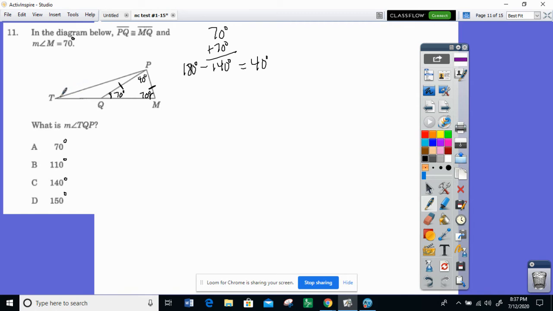So they want to know what is the measure of angle TQP. We actually could have gotten that without this 40-degree angle measurement, although that's helpful. That's the measure of this angle right here that we have in blue.